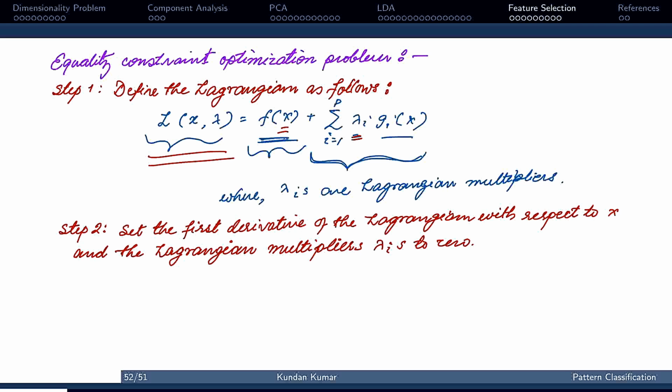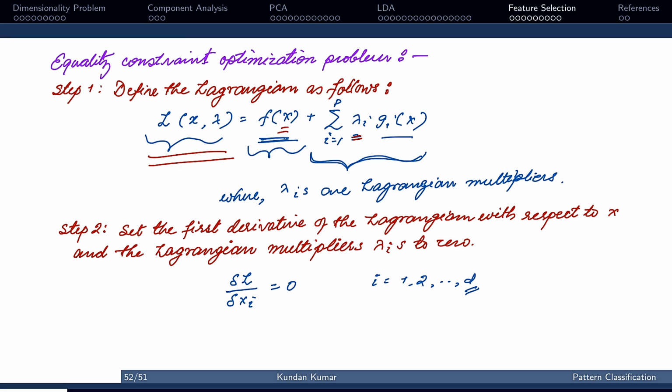So we can write the gradient of the Lagrangian equal to 0, for i equal to 1 to d, because we have d number of variables.